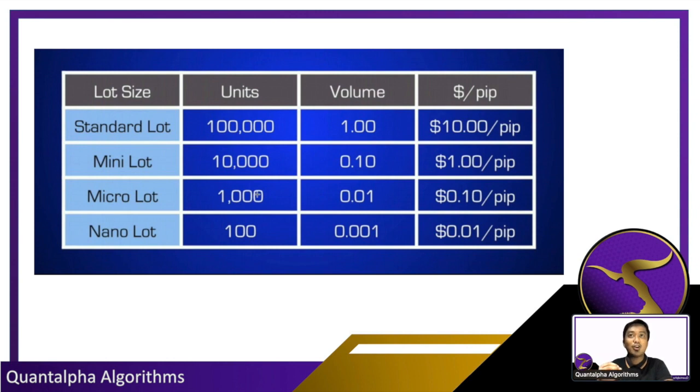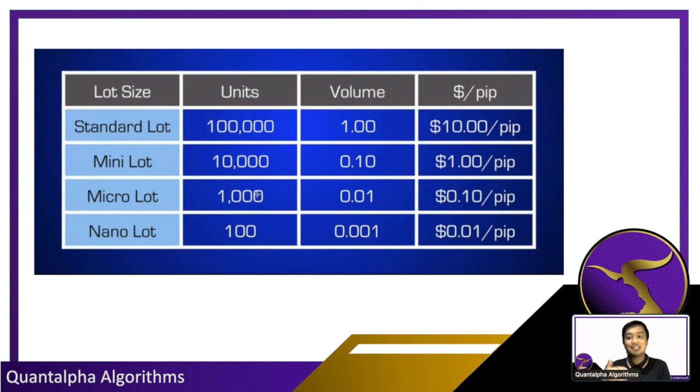That's how much it moves. So in our example, EUR/USD goes up 1 pip. That equals a profit of $10 if and only if you have opened your account with a broker using a standard lot. But if you have a mini lot account, that is equivalent to 10,000 units, 0.1 volume, and every pip move is equivalent to $1.